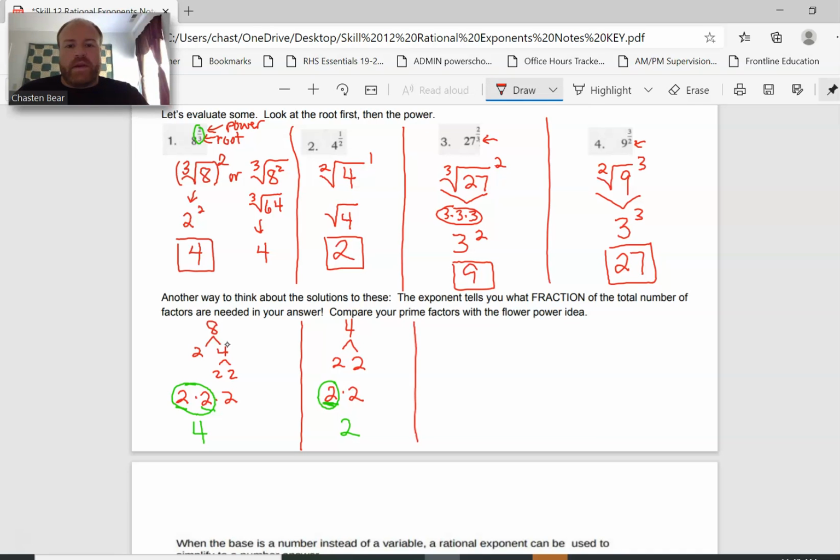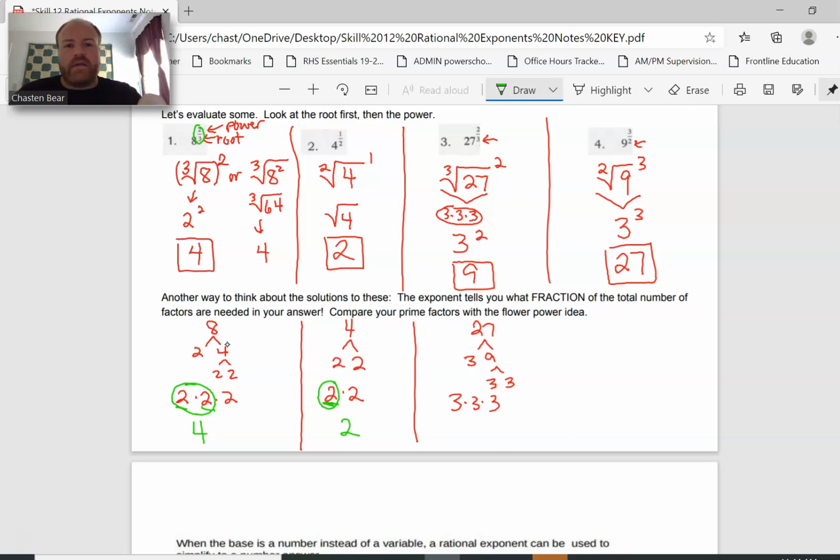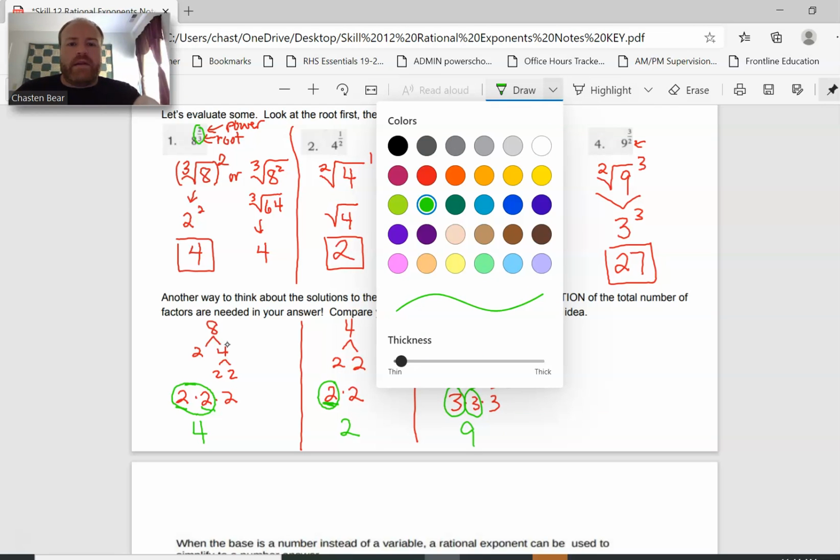For the next one, when I think of 27, I can break that down into 3 times 9 and then 3 times 3. So we have 3 times 3 times 3 is the prime factorization. And we were asked to determine, well, what is 2/3 of that? So 1/3, 2/3, that gives me 9. Okay? And then the final one here.